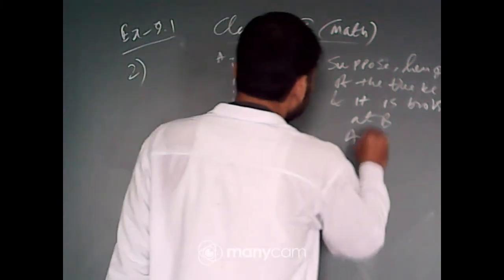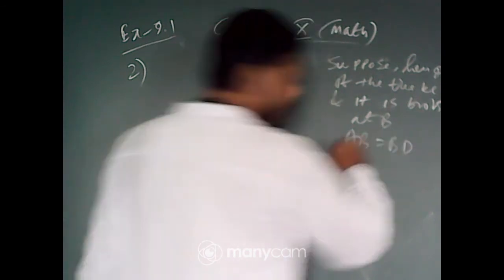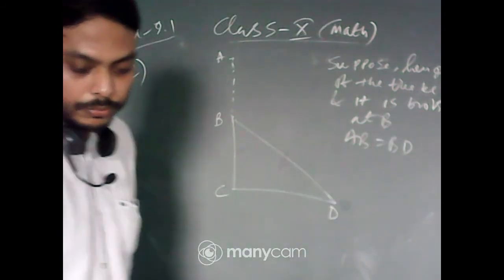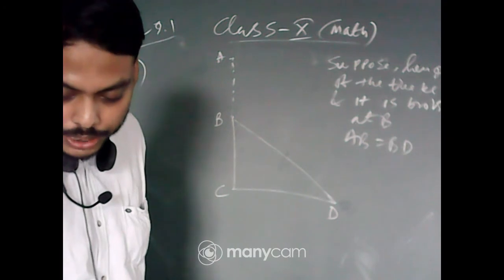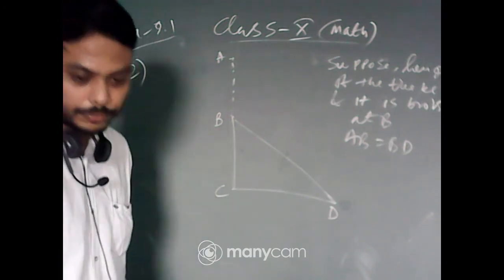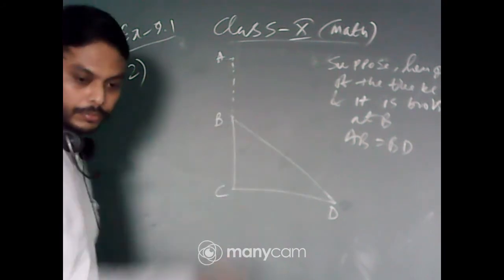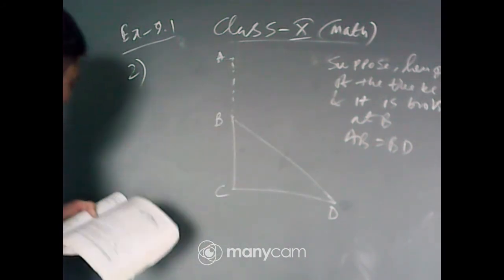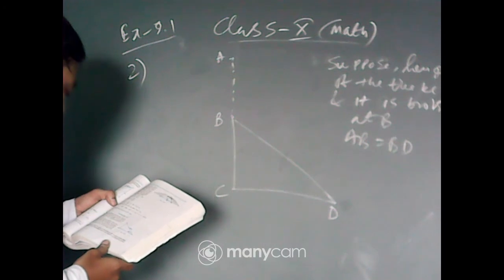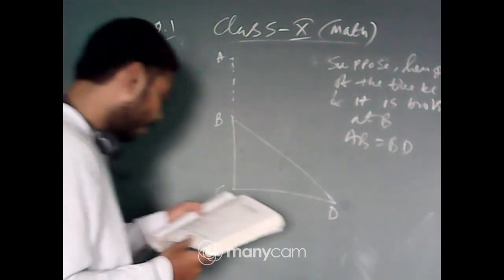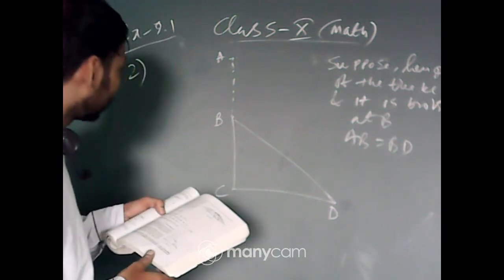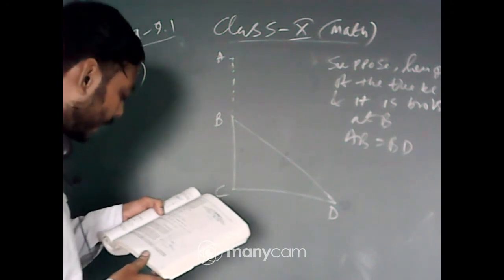AB equals to BD, isn't it? Isn't it? Respond. This portion, yes, the portion AB is broken due to the storm and it touches the ground at D actually.